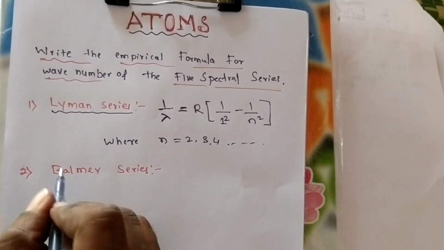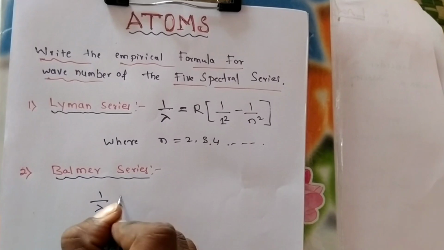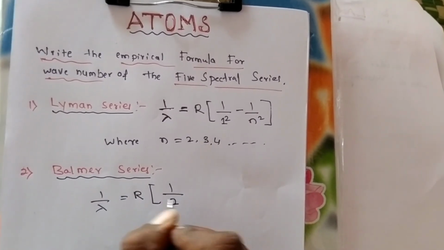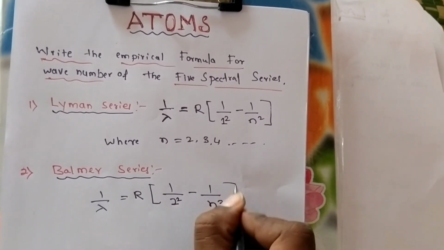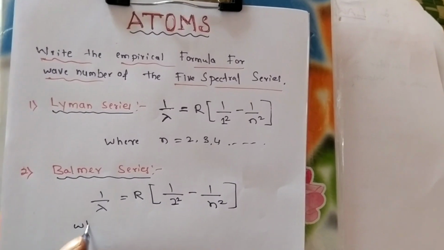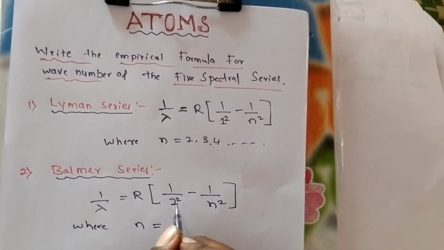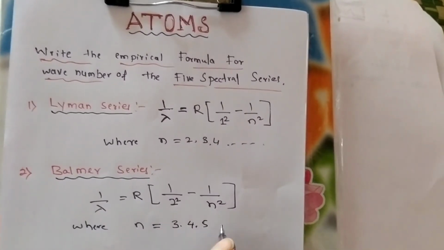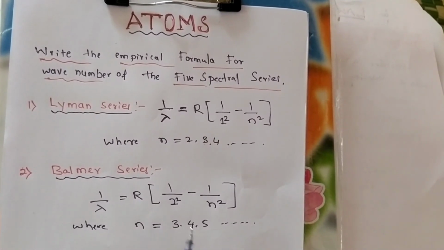Its empirical formula: 1 divided by lambda is equal to R into (1 divided by the second orbit, that is 2 square, minus 1 divided by n square), where n is equal to 3, 4, 5, and so on, the higher orbits. When an electron jumps from a higher orbit to the second orbit, that is called the Balmer series.